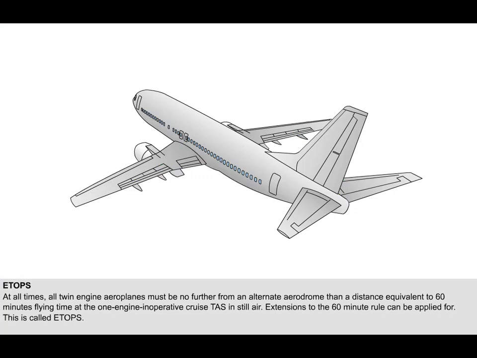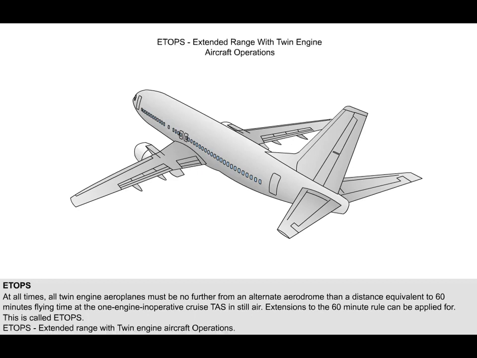However, as more and more reliable and efficient aeroplanes are produced, an extension to the 60-minute rule has been introduced. This extension is called ETOPS, and it stands for Extended Range with Twin-Engine Aircraft Operations. It hugely increases the operational capability of twin-engine aeroplanes, where only 3 or more engine aeroplanes could operate.